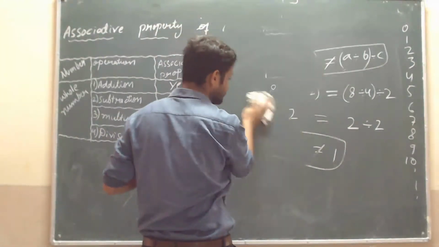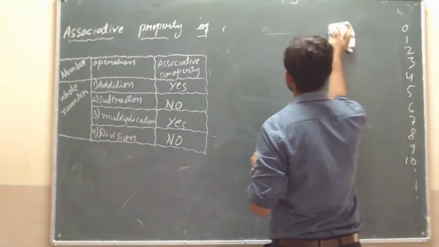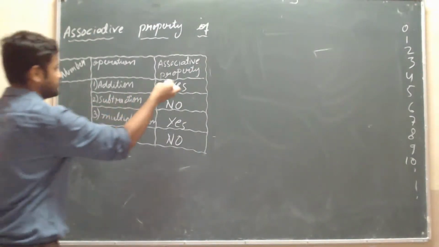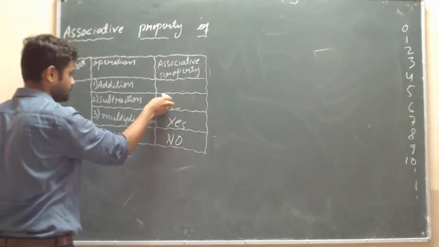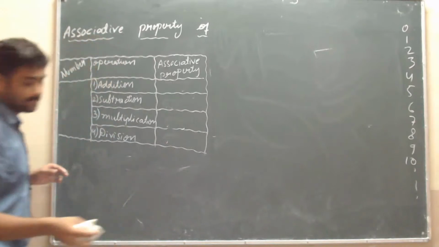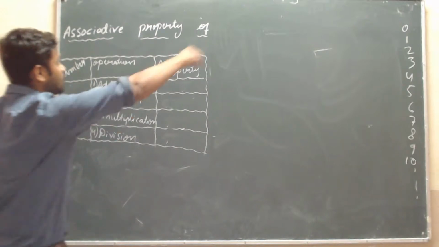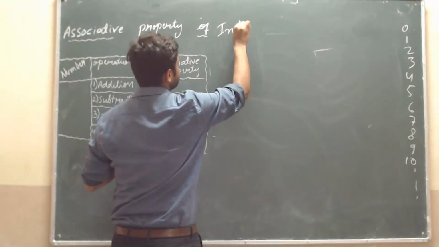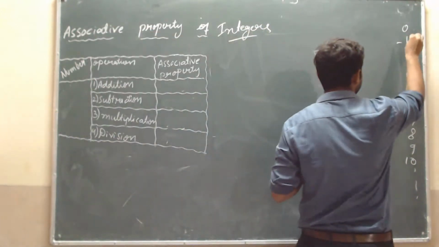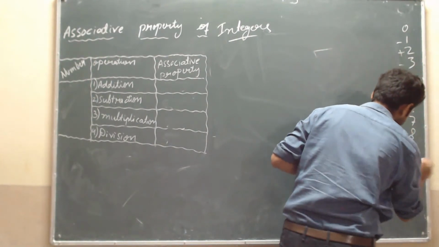What are the integers? Integers include negative integers, positive integers, as well as 0. Let's check.